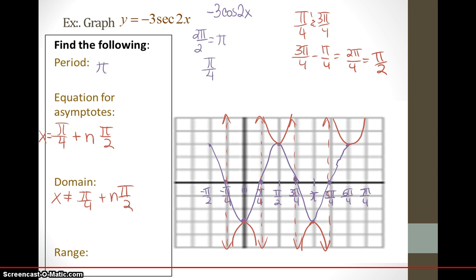Okay. And then our range, here we see that our y's are less than -3, and then these are going to be greater than +3. So it's the interval from -infinity to -3, with the bracket around 3, union 3 to +infinity.